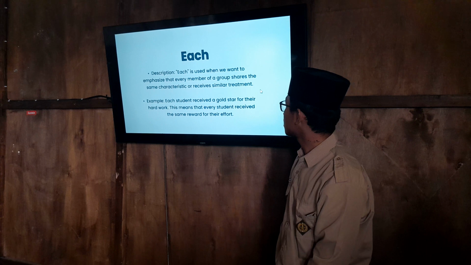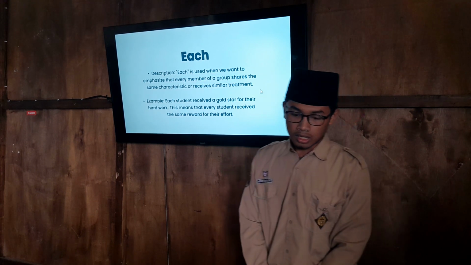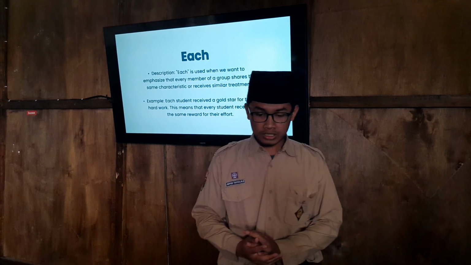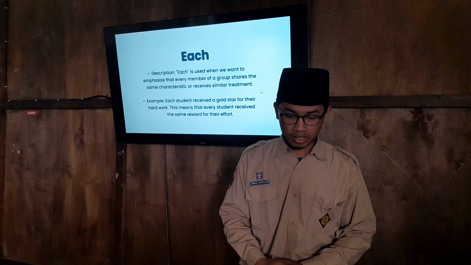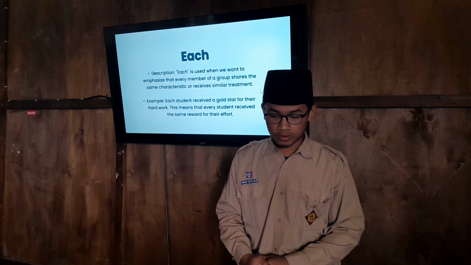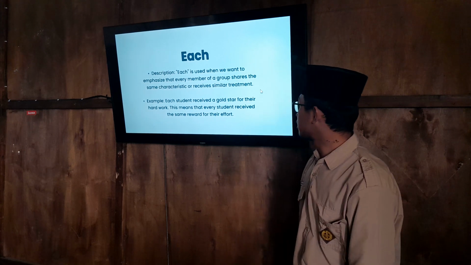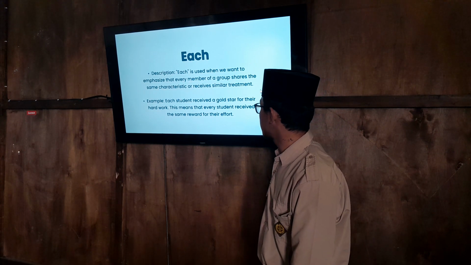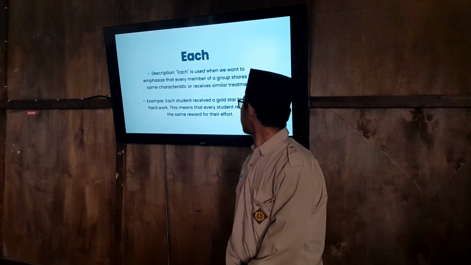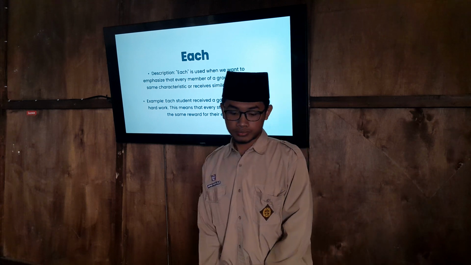"Each" is used when we want to emphasize that every member of a group shares the same characteristic or receives similar treatment. For example, each student receives a gold star for their hard work. This means that every student receives the same reward for their effort.